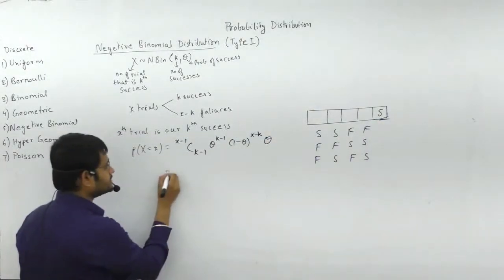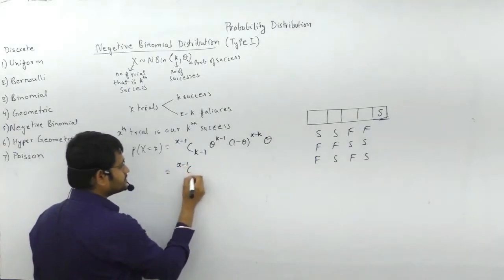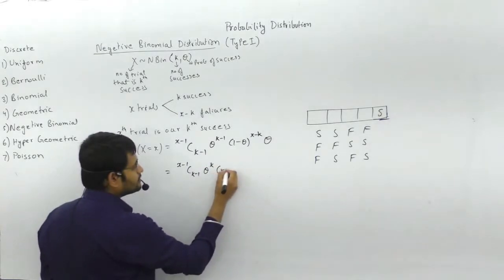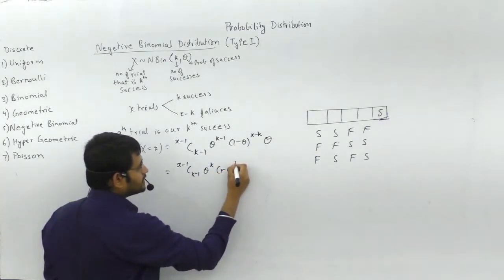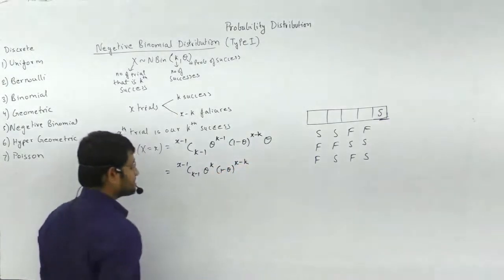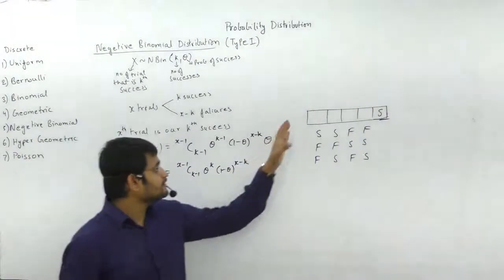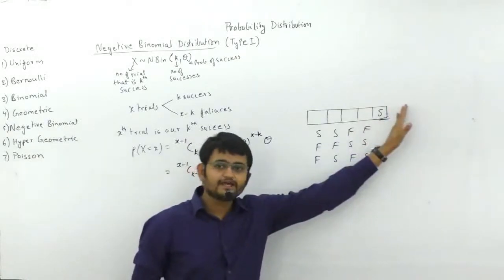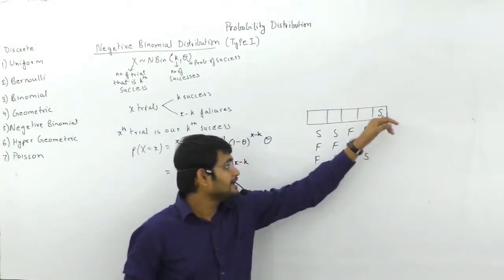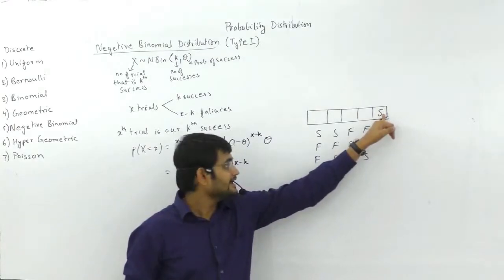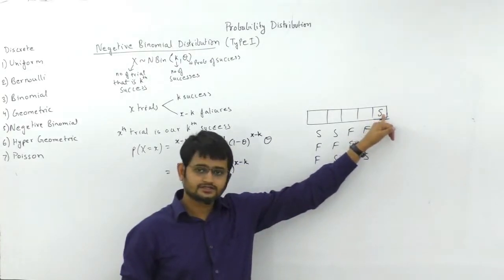Or you can write it as x minus 1 C k minus 1, theta raised to k, times 1 minus theta raised to x minus k. Now again, what are we having? We have total, let's say, x trials, and I know that the xth trial, the last trial, is my kth success.